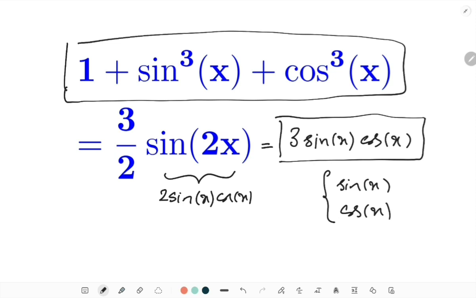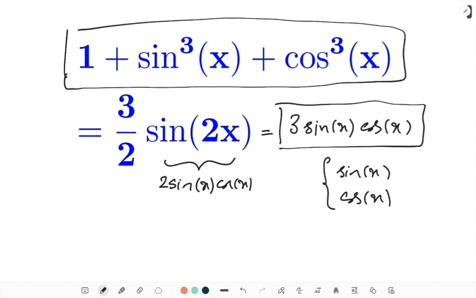And whenever we have a symmetric equation, generally speaking in algebra, but in this case in trigonometry, we can make use of a very nice change of variables. And that is, look at sine of x and cosine of x as some new variables.